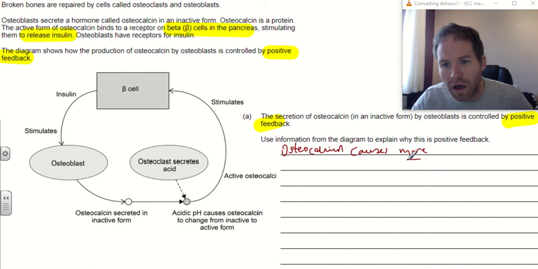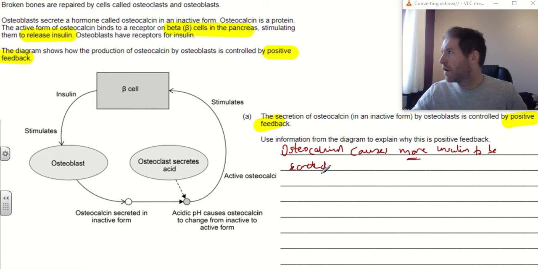I'm going to highlight that and underline it: more. That's where you've got one mark.